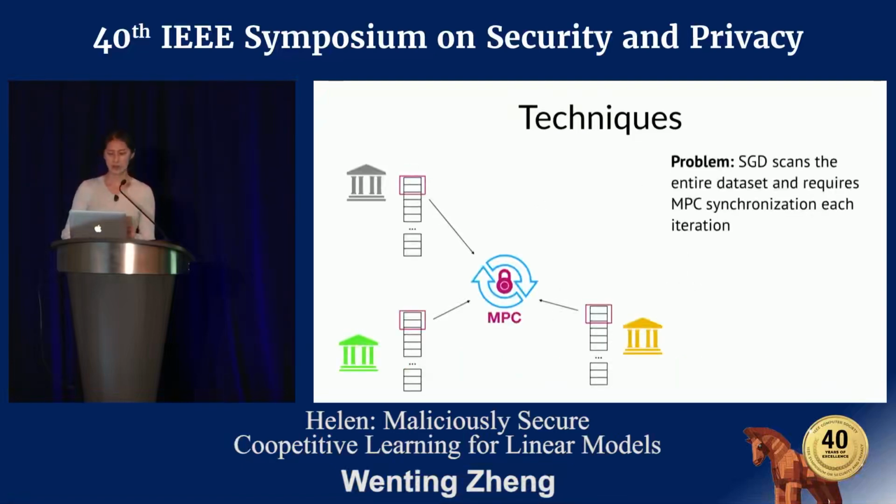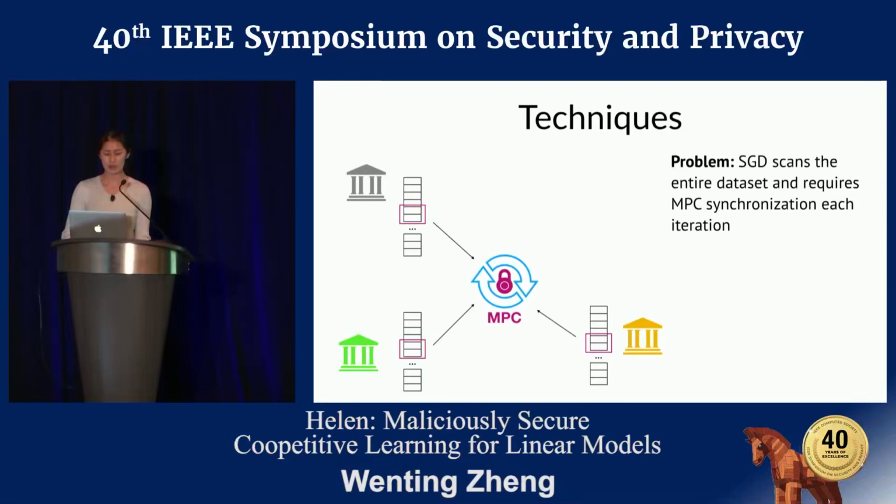So first, the first problem we faced was the fact that a common training algorithm like SGD scans the entire data set, so if you were to put that entire training algorithm inside the MPC, it would require an expensive MPC synchronization for each iteration.